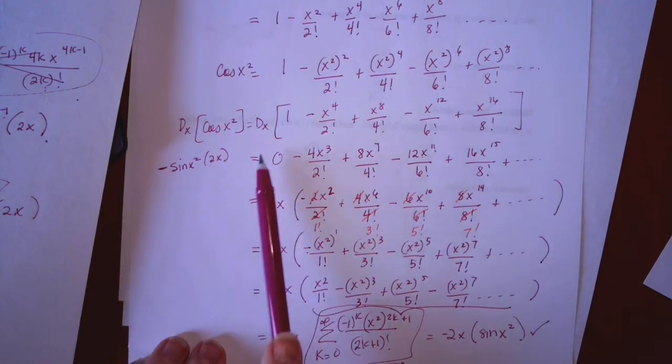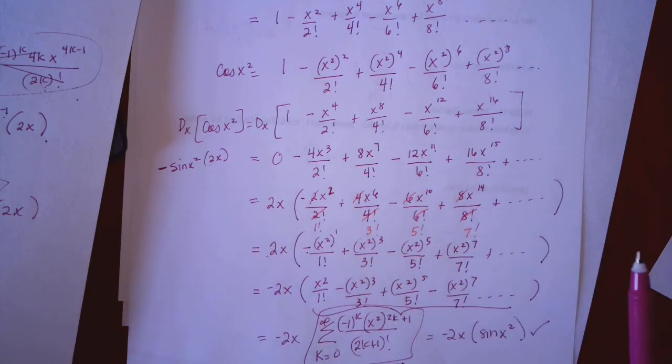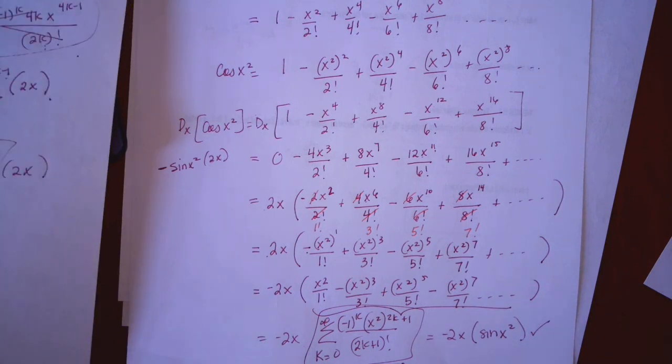And I think a lot of times, as far as knowing where it starts, where you should start with your k's and all that good stuff, it may actually be easier to go through the kind of brute force process of taking the derivative term by term from the written out series than it does going back to the condensed version, so to speak.